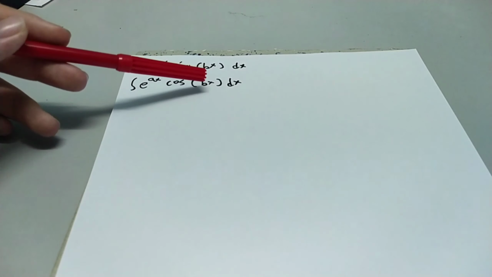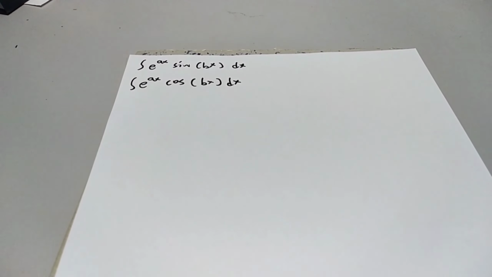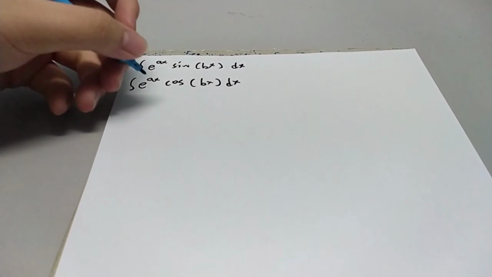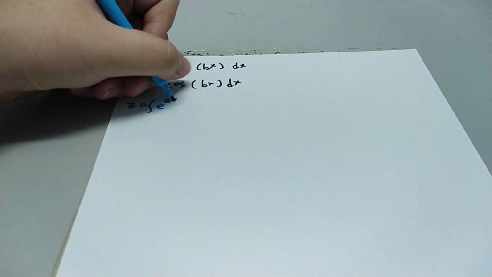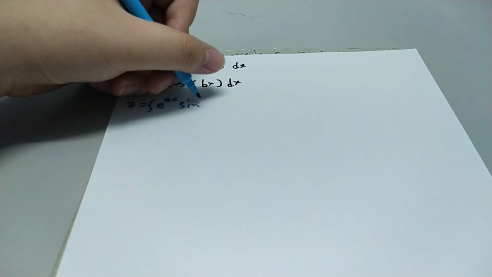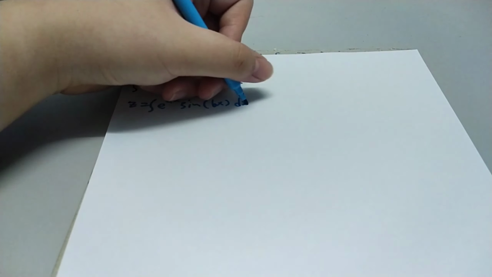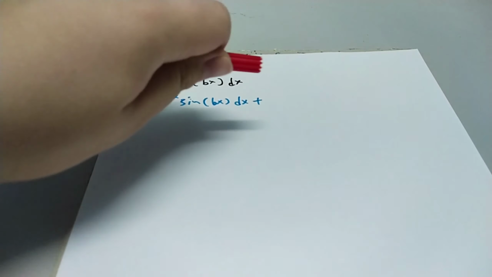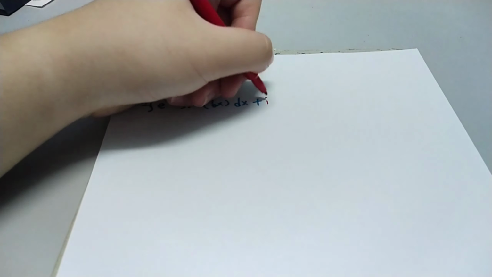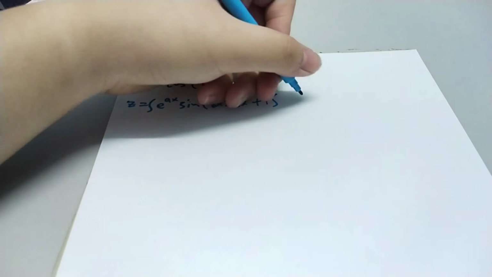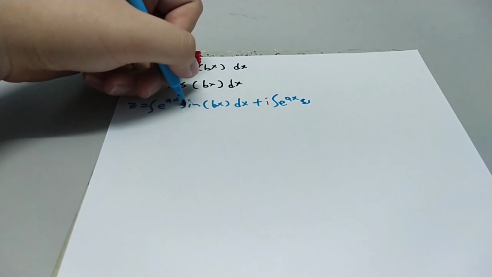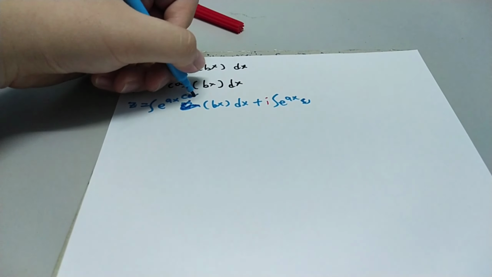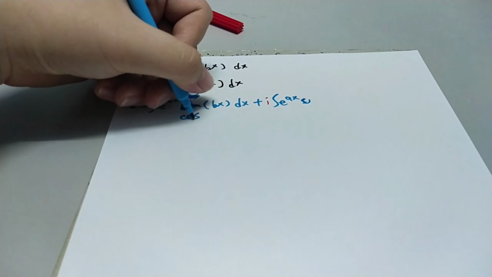Because we got sine and cosine, inside the sine and cosine we got the same thing, which means I will let z equal to the integral of e power of ax times sine of bx dx plus the imaginary number i times the integral of e power of ax times the cosine, and this is sine.